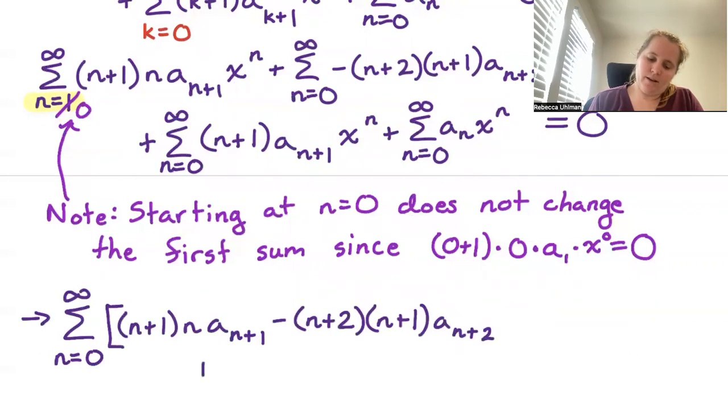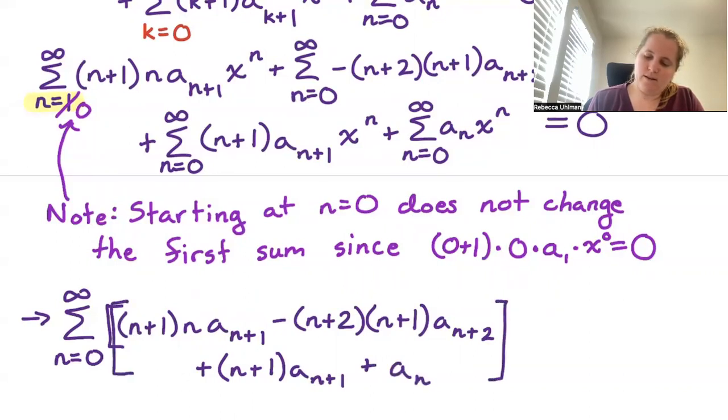Then we have plus n plus 1 times a sub n plus 1. And then we have plus a sub n. This is the coefficient in front of x to the n, and this should all equal 0.